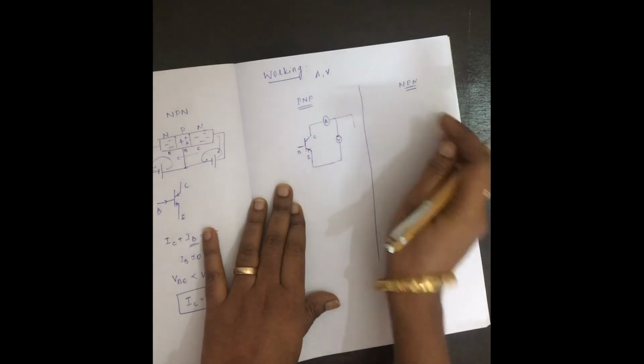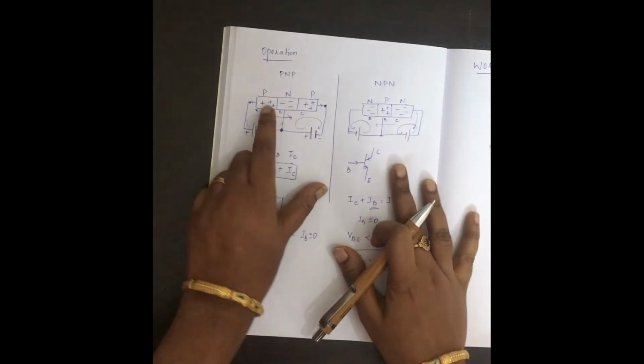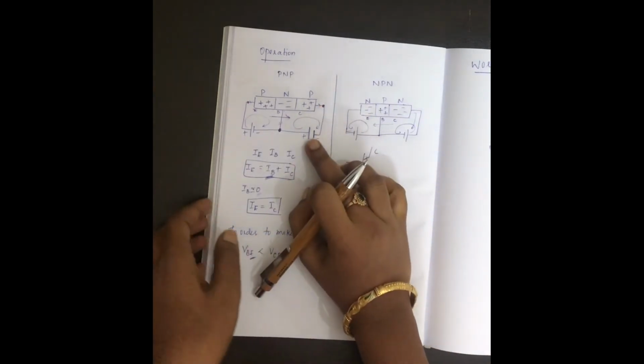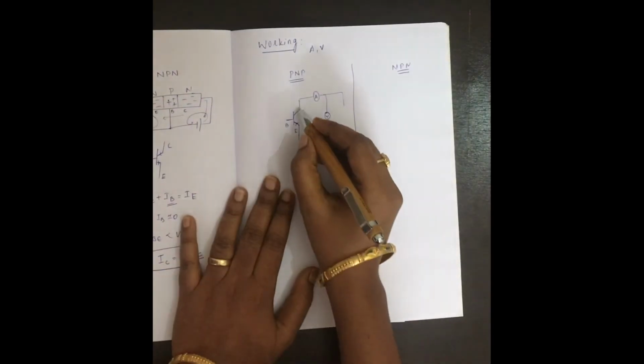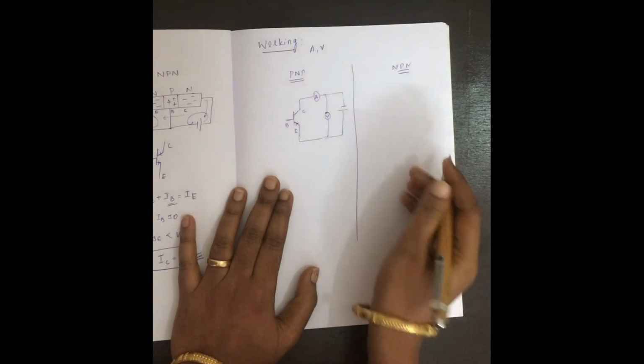For the emitter-collector connection, the collector is connected to negative and emitter to positive.